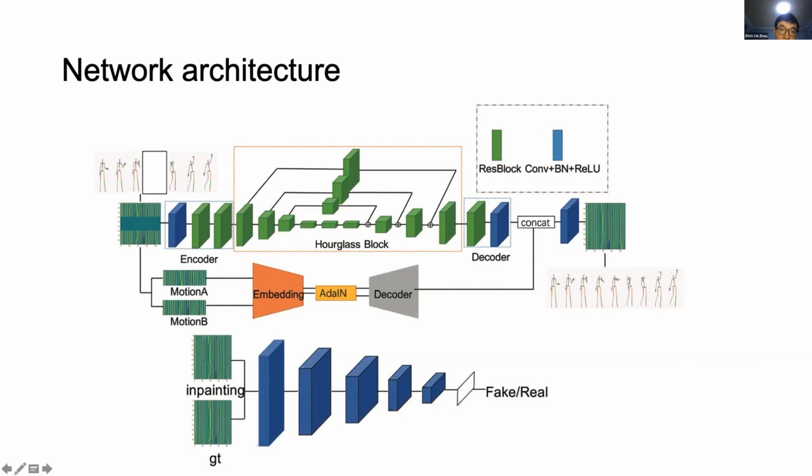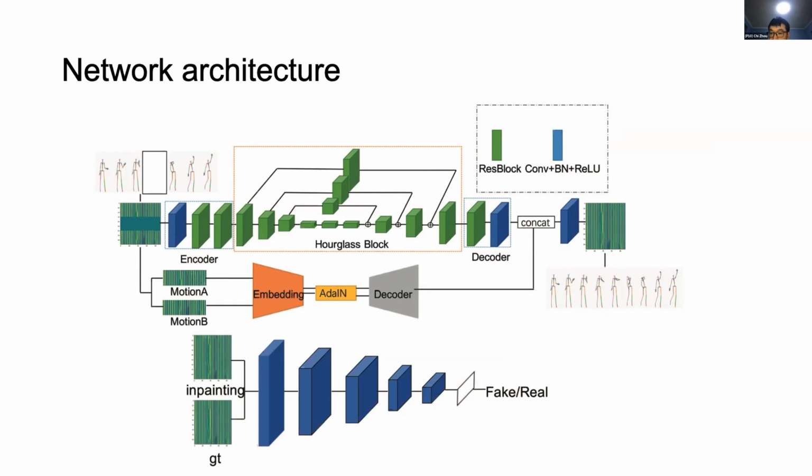Besides this first branch, we also apply a second branch to extract the common features of two motions and add an AdaIN layer to combine these features. The interpolated motion depends on the former motion A and the later motion B. Not only the body pose of this motion, but also its movement speed influences the result of interpolation.